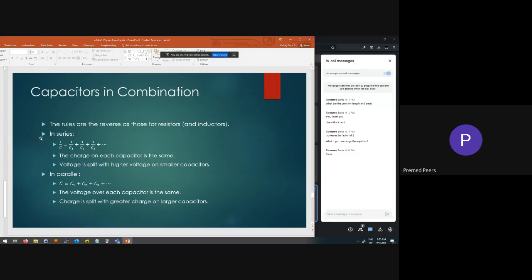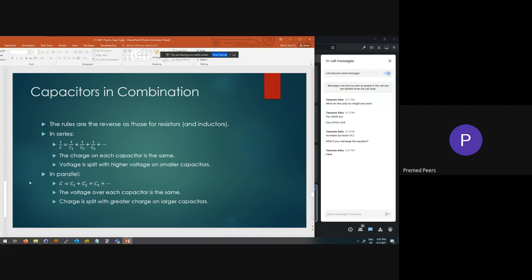Capacitors in combination. This is actually the reverse of the resistor trend. So I'll start off with in parallel. It's down here. Capacitors in parallel are like resistors in series. You add them up, so it's a bigger capacitor.